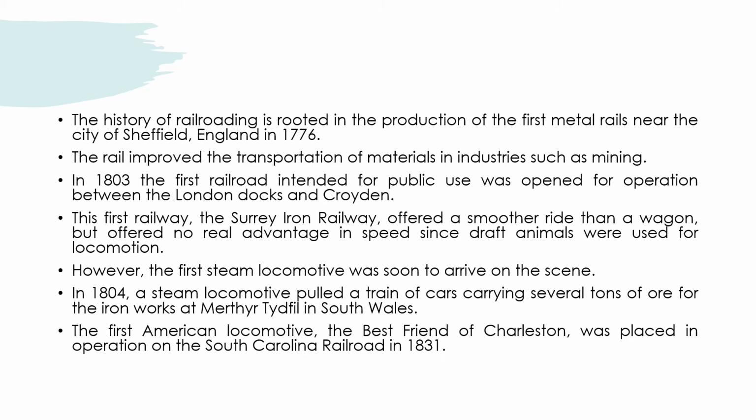This first railway, the Surrey Iron Railway, offered a smoother ride than a wagon, but it offered no real advantage in speed since draft animals were used for the locomotion.